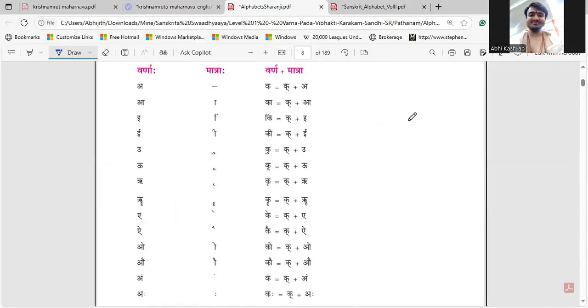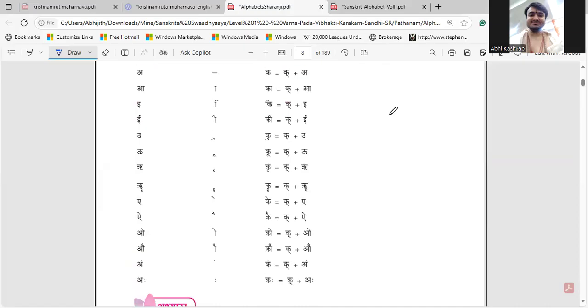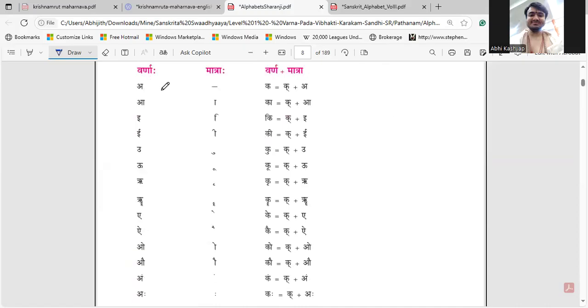And now we go to the symbols once again. Symbols, akara, there are no changes. It is just the removal of this particular line when akara is added. For Akara, a line comes at the right side of it.